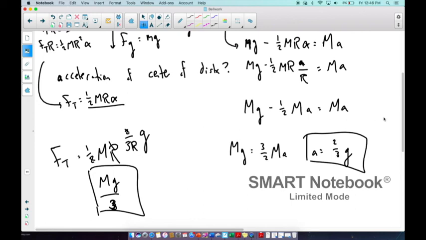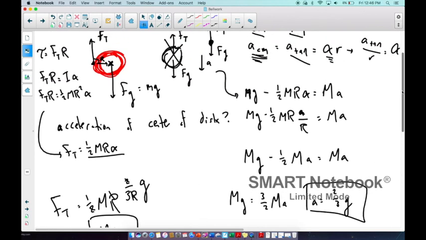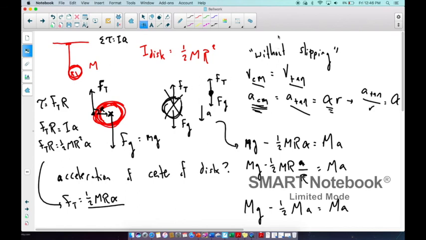Okay, so big takeaways here. You should be thinking about what it means if something is rolling without slipping or is rotating without slipping. Then the velocities at the edges, the accelerations at the edges are going to be equal to what's happening at the centers. This equation right here gets me the tangential acceleration, but we've just said that that is also the translational acceleration of the whole thing.